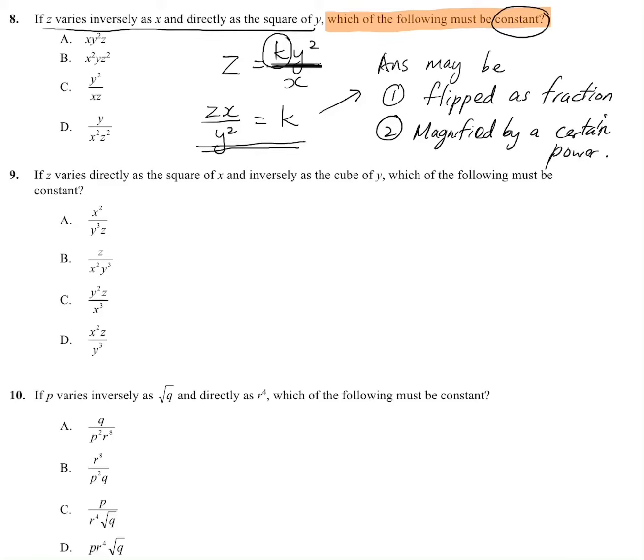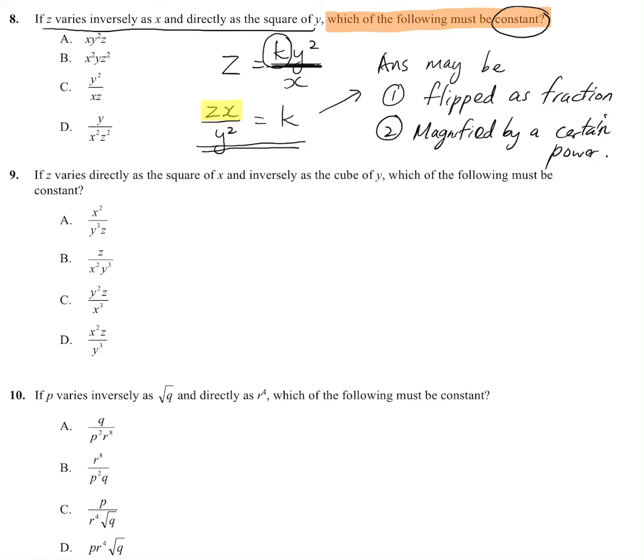Okay, it's magnified by a certain power. So let's see what's the case here. But what we should observe is that these z and x must be next to each other, and then y should be on the other side of the fraction.